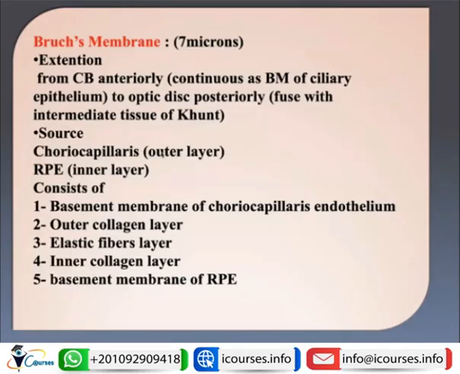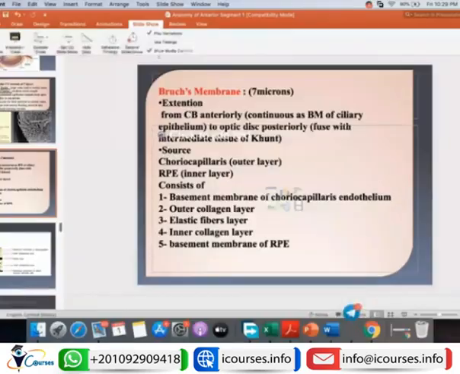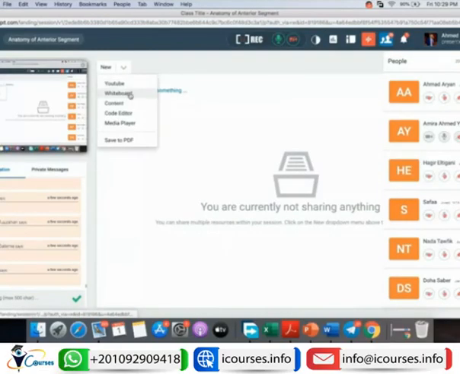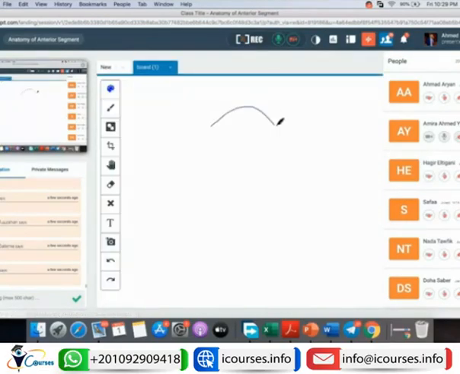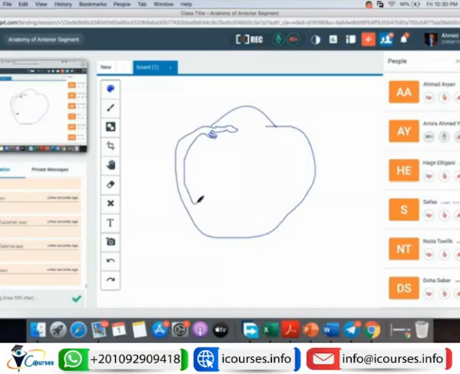Let me draw this for you so we have a better idea. Here we have the eye. Here is the iris. Here is the ciliary body. And here is the continuation of the ciliary body, which is the choroid, that ends at the optic nerve.